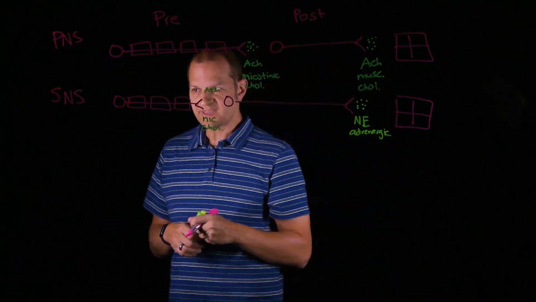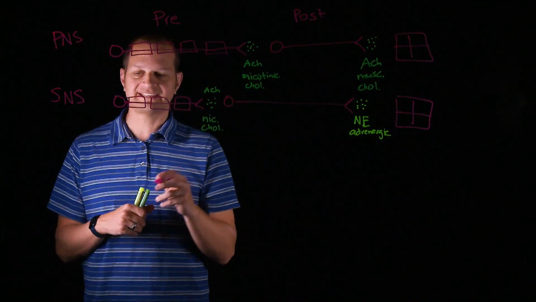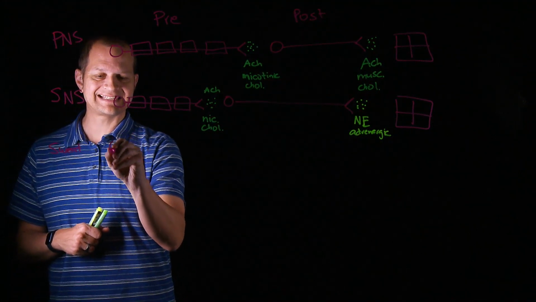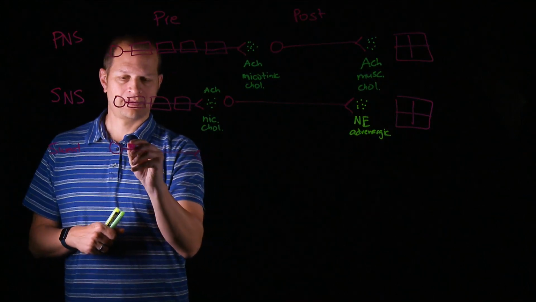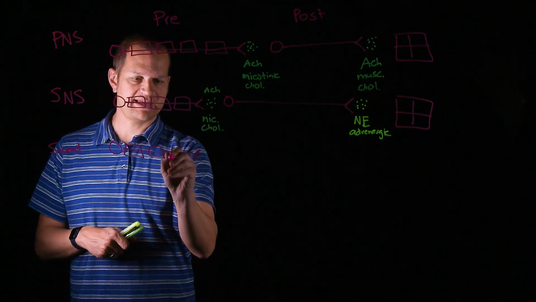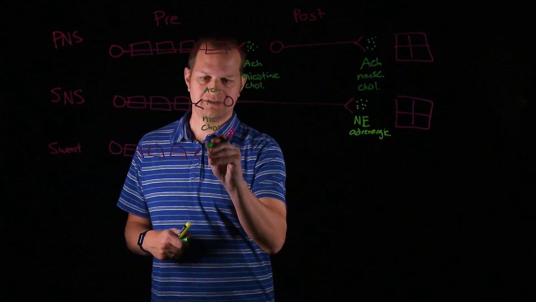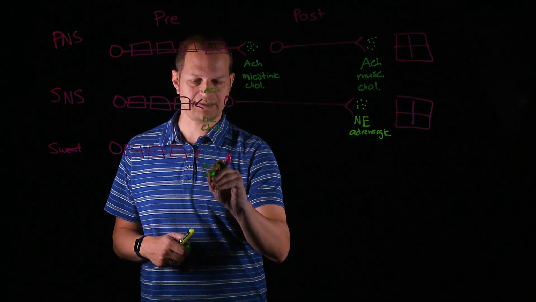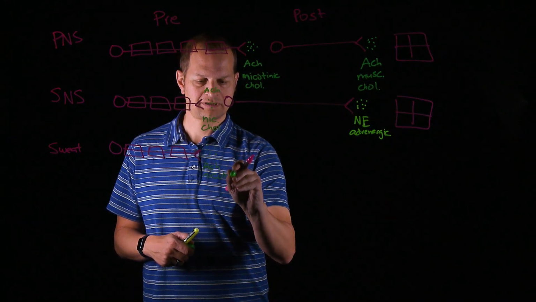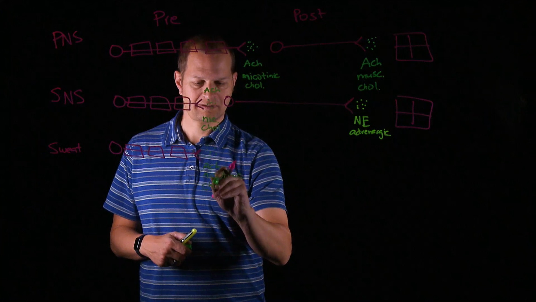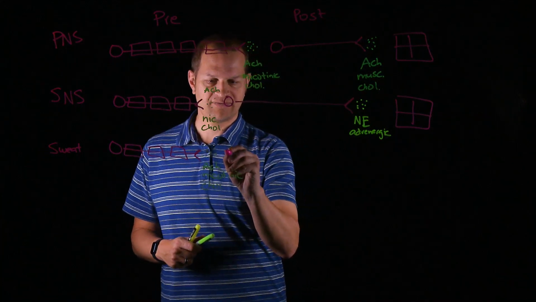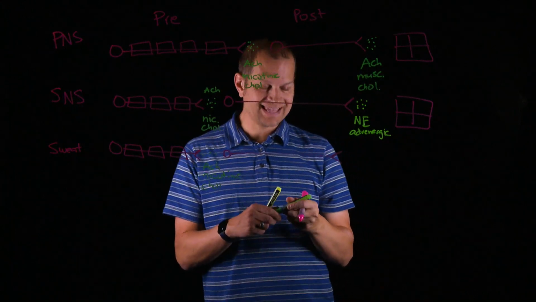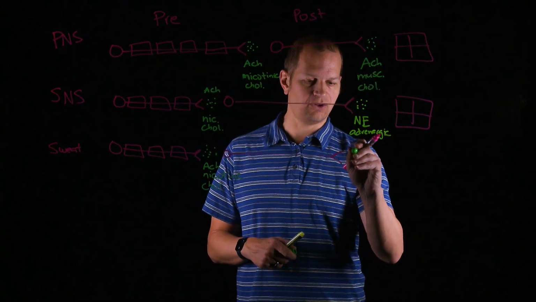Okay? Then we've got one of our exception pathways, and this is sweating. It is the exact same pathway in the preganglionic neuron. So we've got myelin, we've got acetylcholine onto a nicotinic cholinergic receptor. And then we've got a long, unmyelinated neuron. But in this case, it also releases acetylcholine.